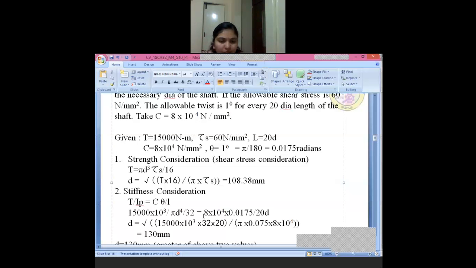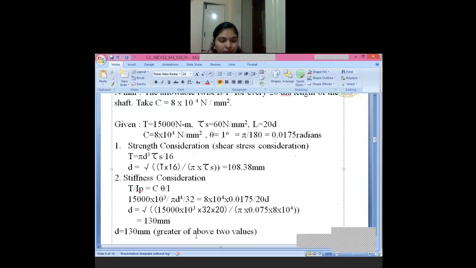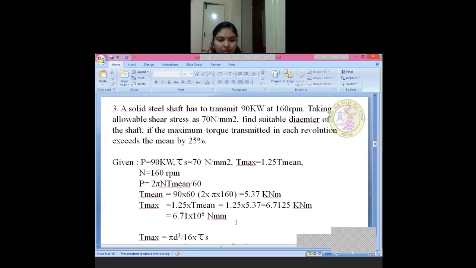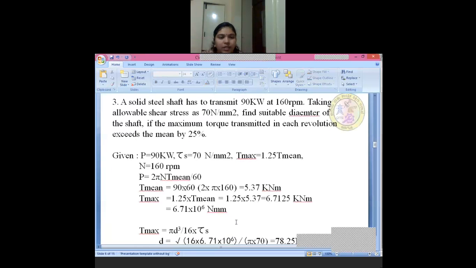Rearranging the terms, D turns out to be 131 mm. Based on the stiffness and strength conditions, I will take the maximum value, so the diameter is 131 mm. That is what I will consider.